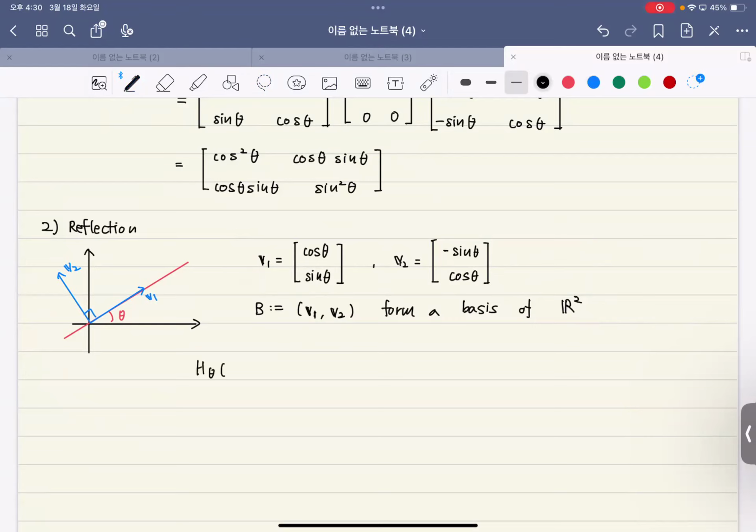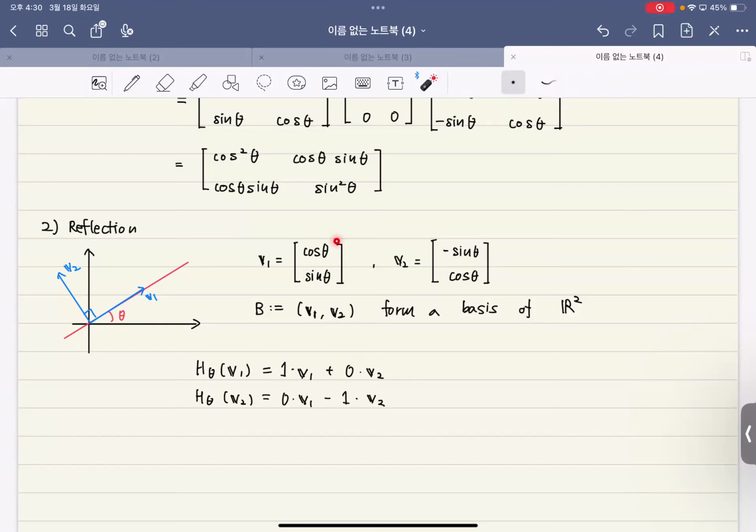Now, what happens if I reflect V1? It doesn't do anything. Just 1 times V1 and 0 times V2, okay? And H of V2 is 0 times V1, but -1 times V2, okay?